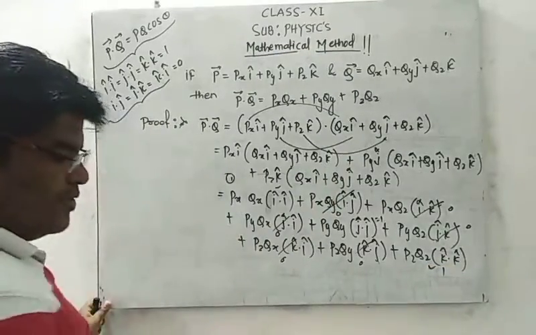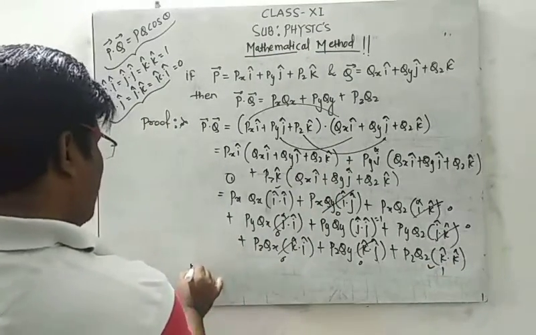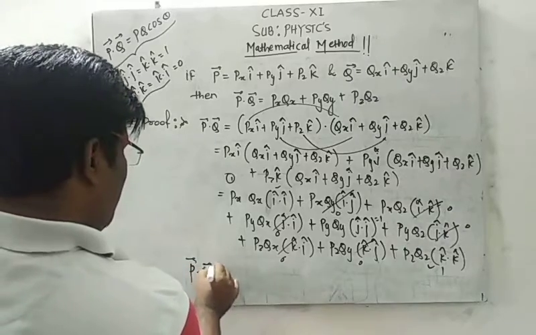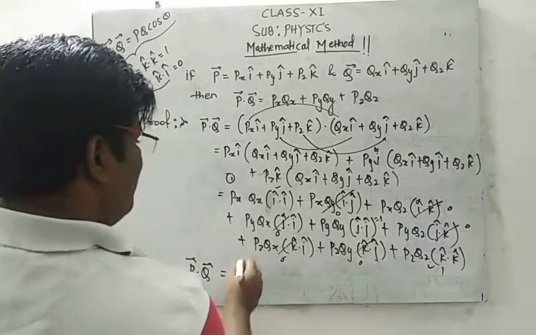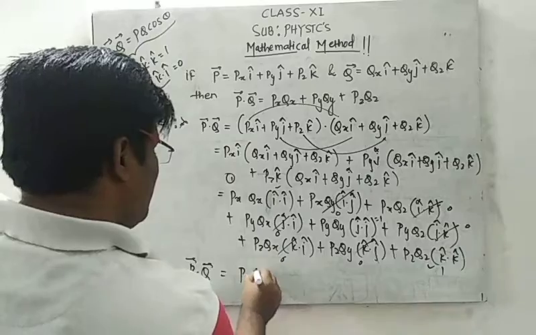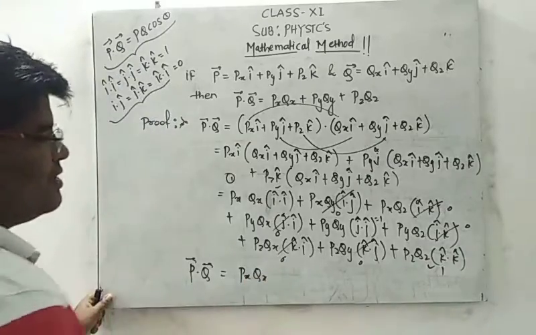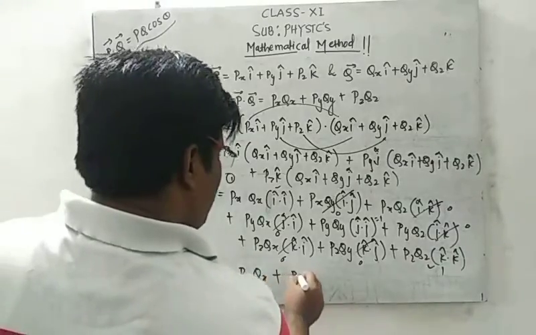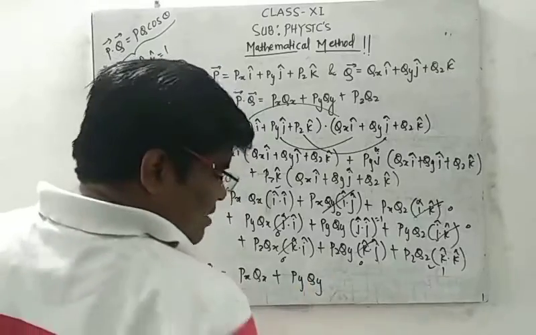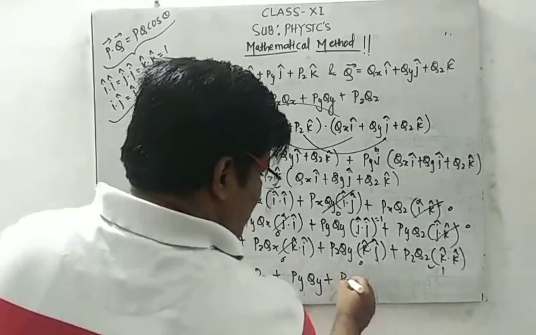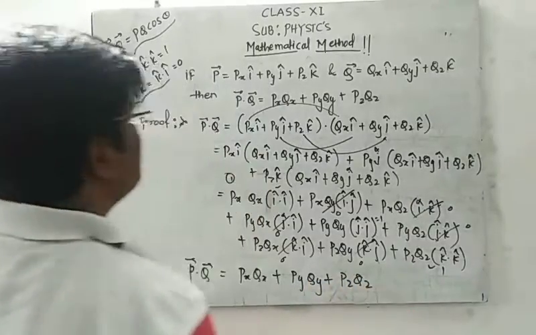Therefore p bar dot q bar is equal to px qx plus py qy plus pz qz, hence proved.